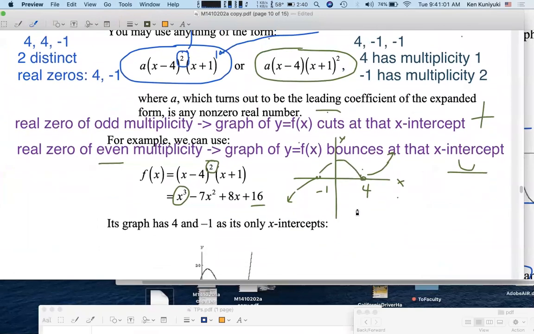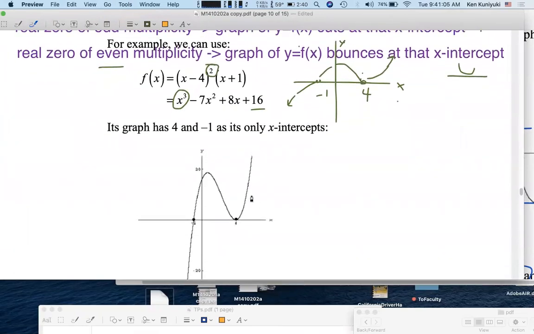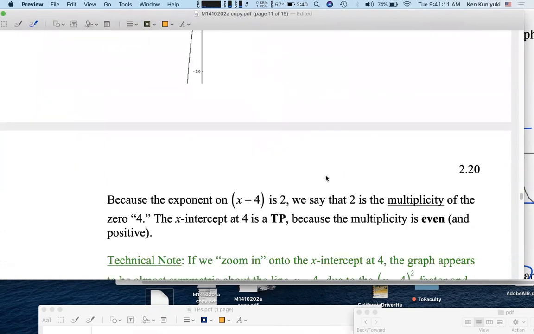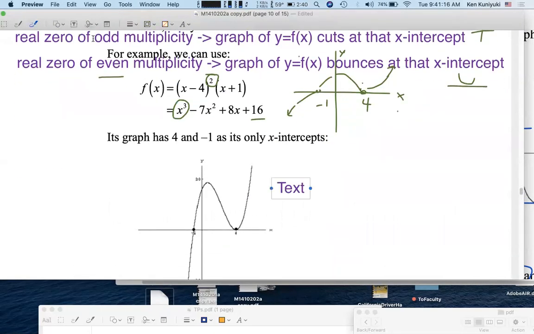Now, question. Again, here's another version of this sketch graph. What if we put the square on the other factor? All right, so let's take a look at f of x equals x minus 4 to the first, and then x plus 1 squared.